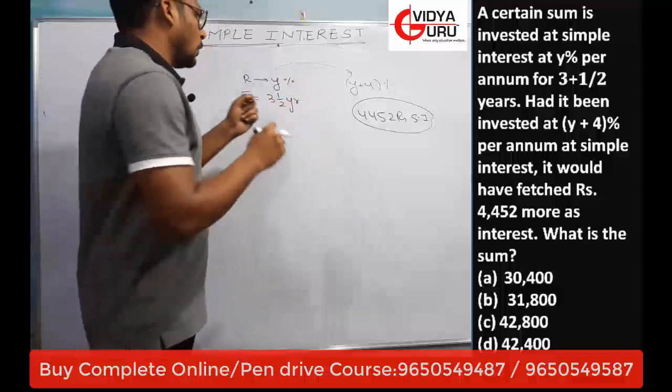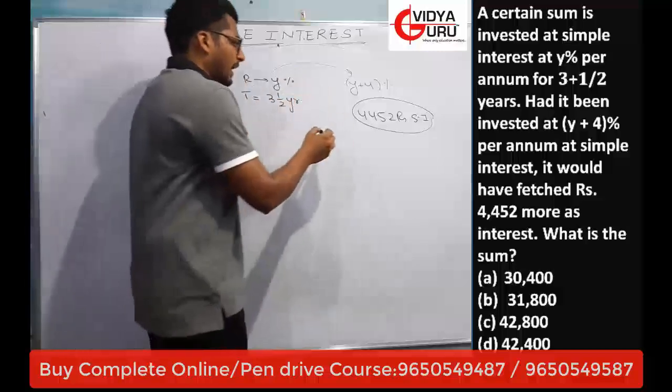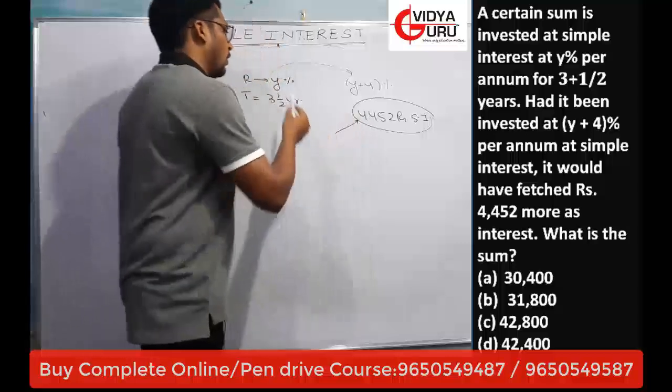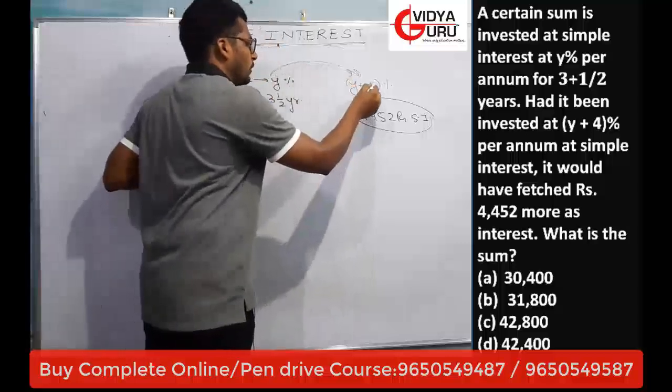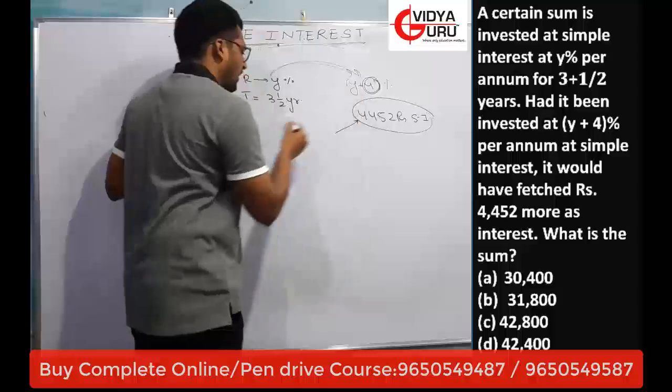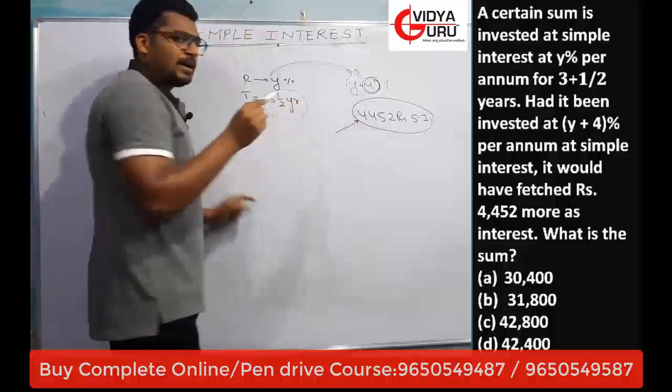Now one thing we need to observe: why is SI increased? Because the rate is increased by 4%, for 3 whole 1 by 2 years.